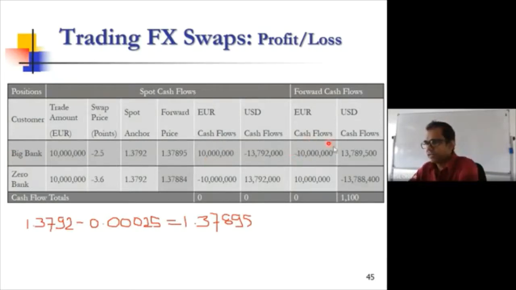So therefore, there's a negative 10 million cash flow here, and the equivalent dollar amount is calculated based on the applicable forward rate 1.37895. So when you sell 10 million euros to Big Bank on the forward date, ABC Bank receives 13,789,500.